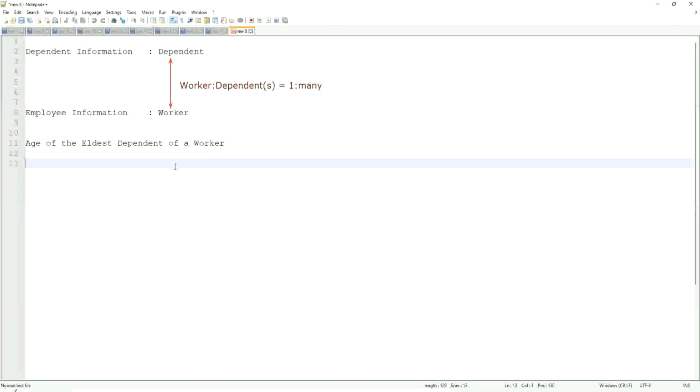Now, how would we do it using a calculated field? Let's break it down first. Age of the eldest dependent of a worker. There are two things to it.